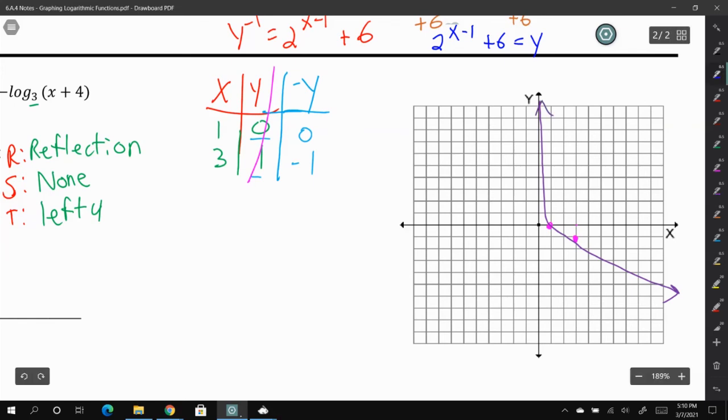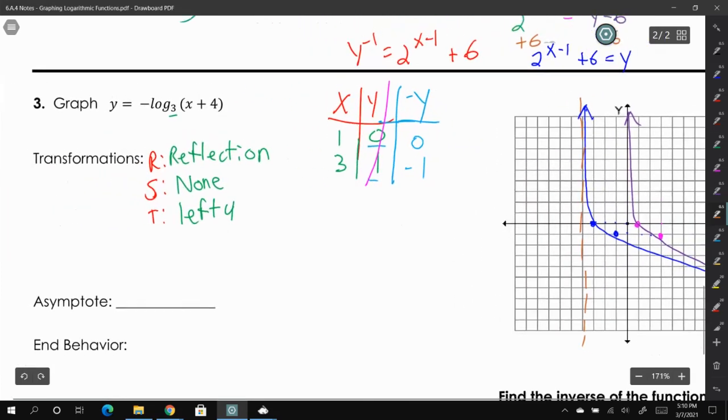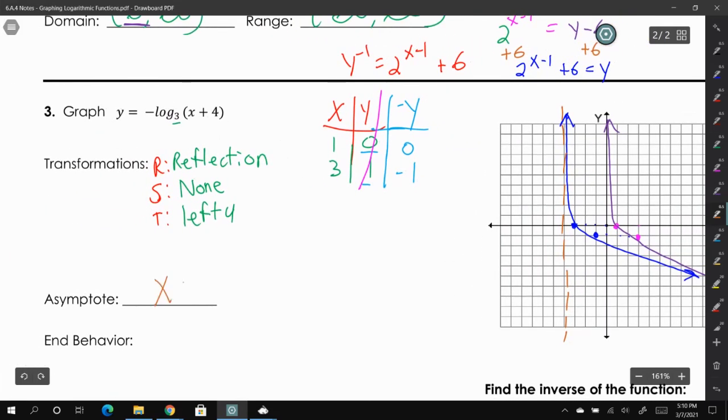And now we're going to move each point left 4. So 1, 2, 3, 4. 1, 2, 3, 4. So the new graph, the translated graph, will look like this. And our asymptote has also moved left 4. So the asymptote is going to be at x equals negative 4.